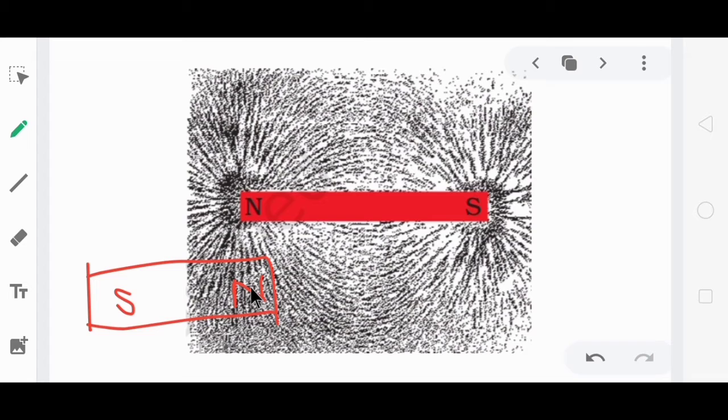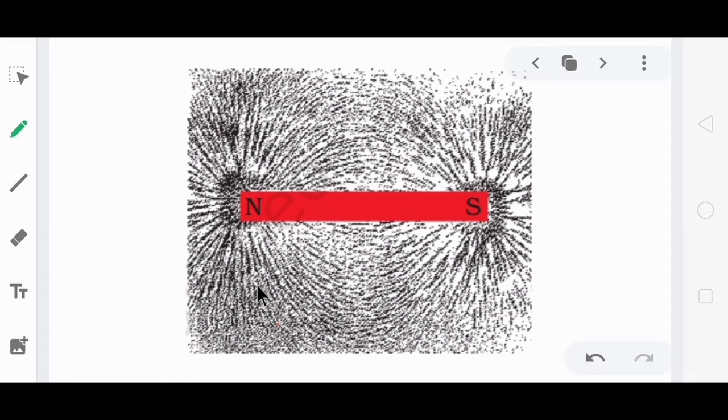What is the reason? Actually, a magnet has a field around it in which you can feel the magnetic force. The area where this magnetic force can be felt is called the magnetic field, and this force is called magnetic force.